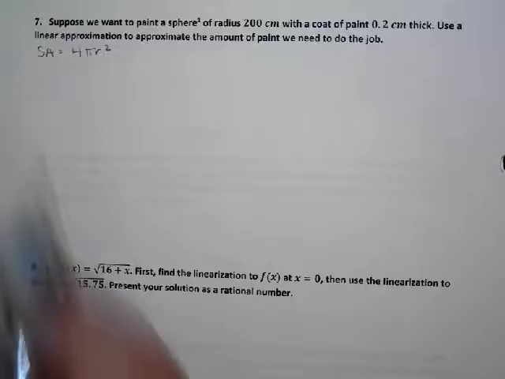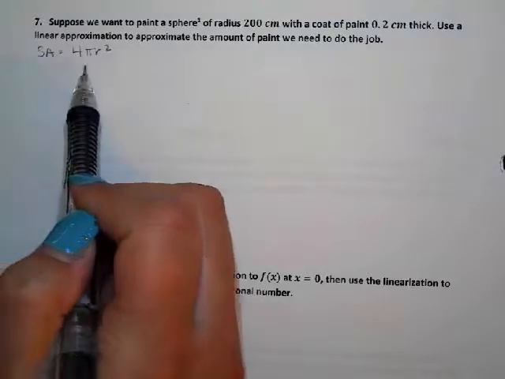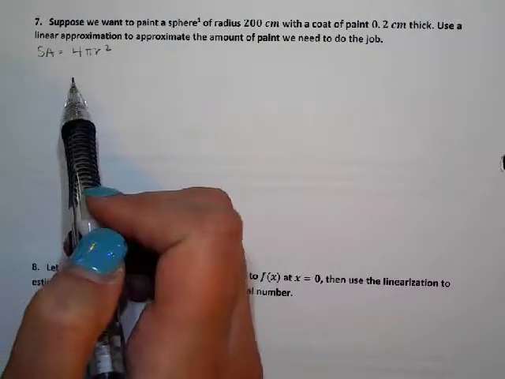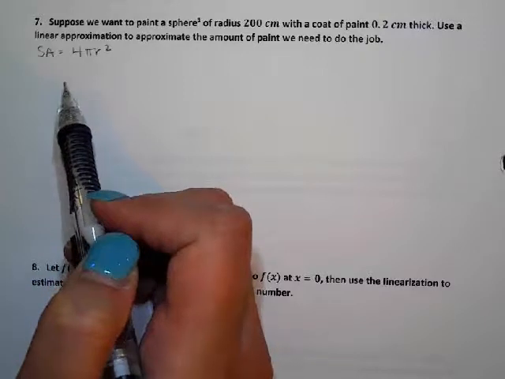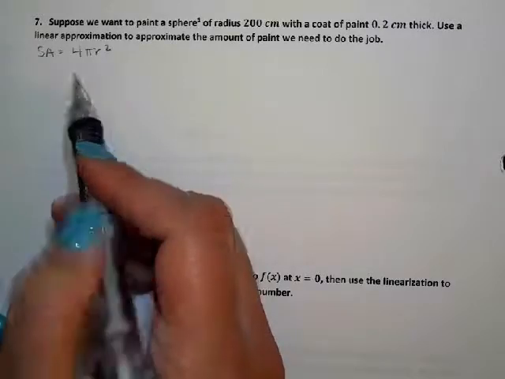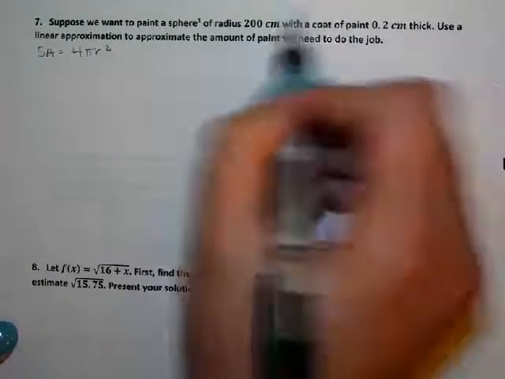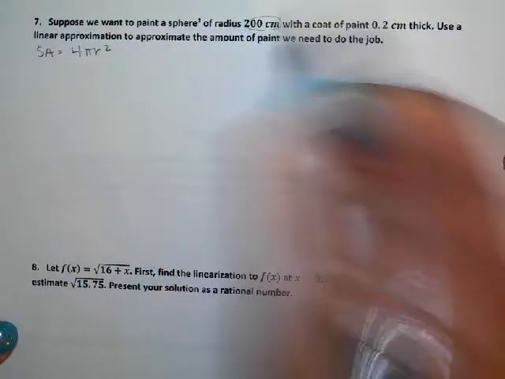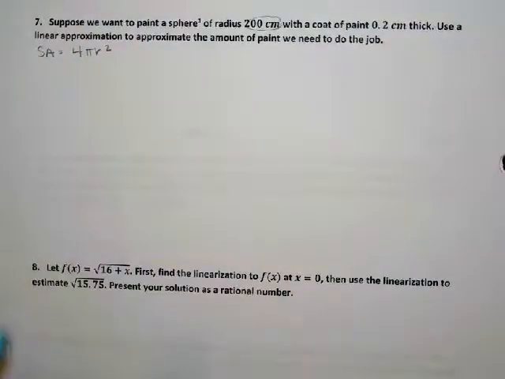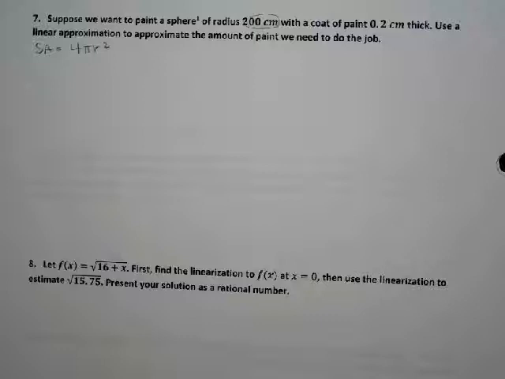Okay. So surface area is 4 pi r squared. They say that they want to paint a sphere, and they're doing it for a radius of 200 centimeters. So what should we plug in?